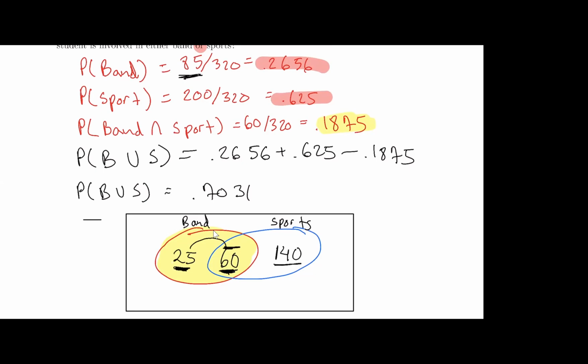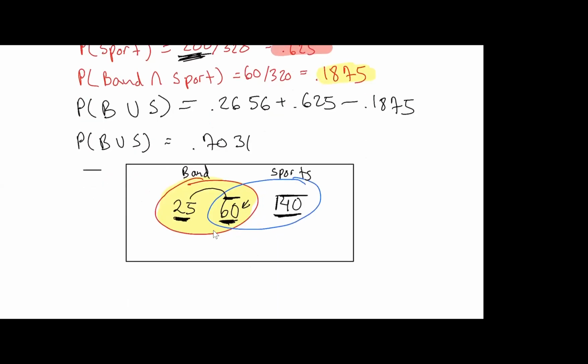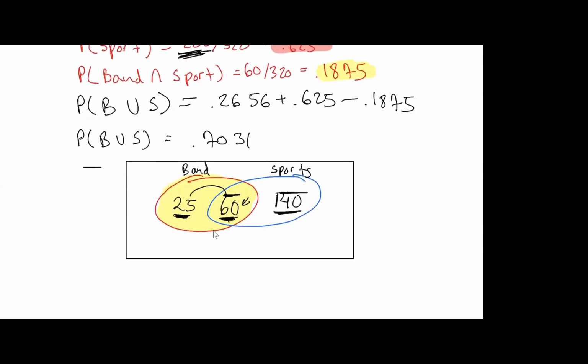So if you do 140 plus the 60, now you get the 200. The 140 are the students that only do sports. The 60 are the students that do sports and band. But combined, you get 200 students that do sports. Any questions so far on how I got this 140?